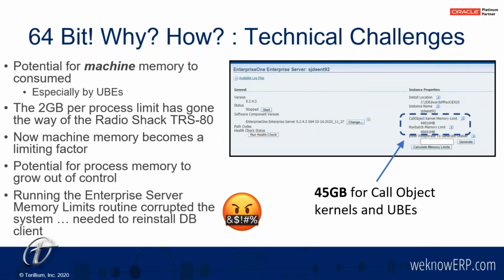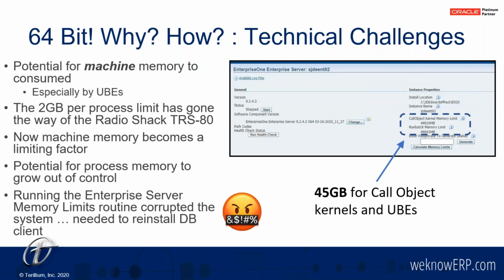Well, knowing that now the 2 gig per process limit has kind of gone the way of the Radio Shack TRS-80, now machine memory could be a limiting factor. And the result I got was 45 gigs. You could run a UBE and it could eat up to 45 gigs of memory, one process.